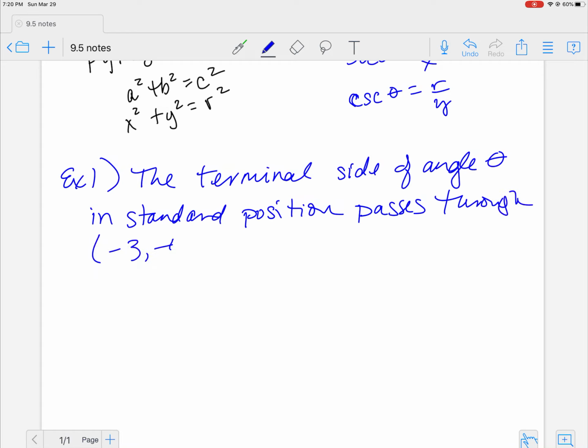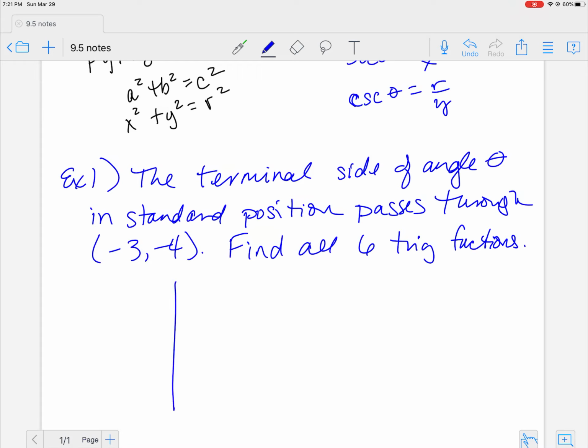Standard position just means around the origin. I'm charged with finding the values of the 6 trig functions of theta. Find all 6 trig functions.